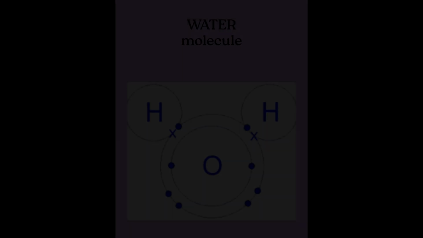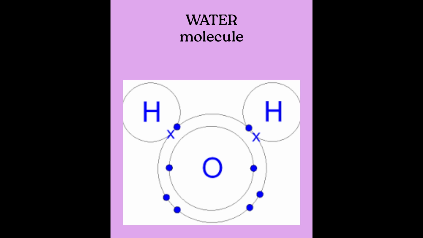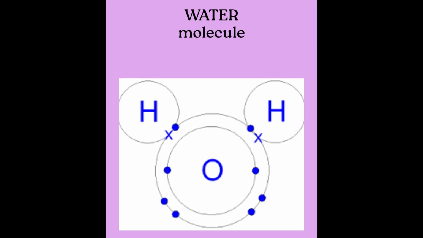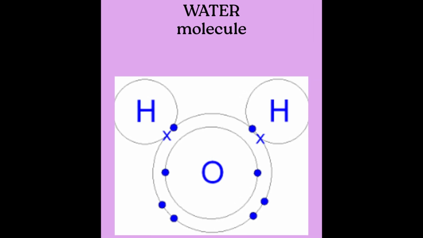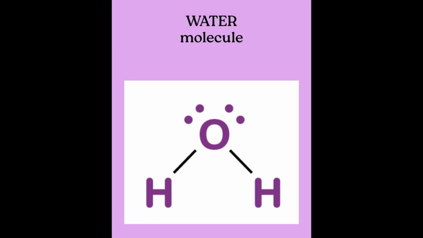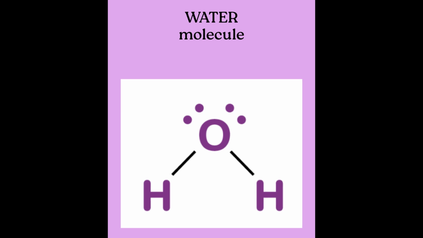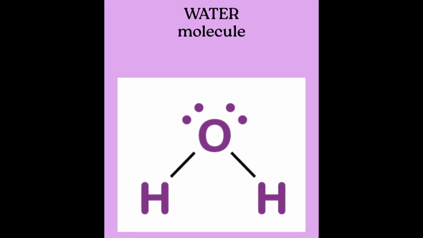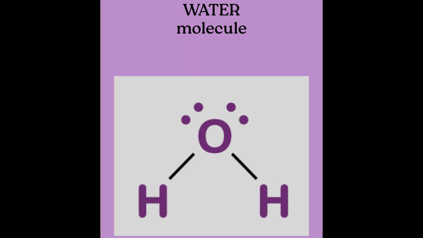In case of water, oxygen shares one electron with each of 2 hydrogen atoms, and that's why the water molecule is H2O. So 2 atoms of hydrogen combine with 1 atom of oxygen by forming covalent bonds between hydrogen and oxygen to form the water molecule. So a covalent bond can be formed between the atoms of the same element and between the atoms of different elements.